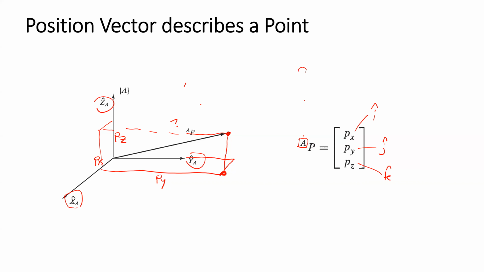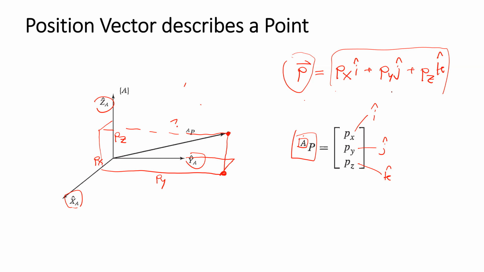Before this, we may have studied that the position vector is equal to pxi plus pyj plus pzk. And in this class, instead of the vector, we write it like this, and these components we write in a 3x1 matrix.